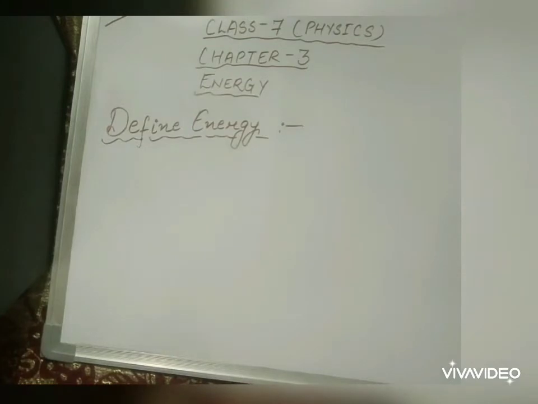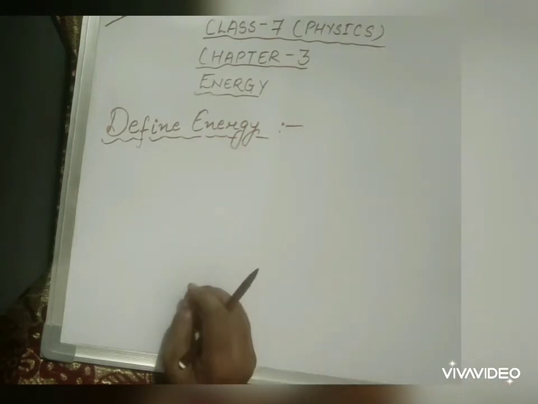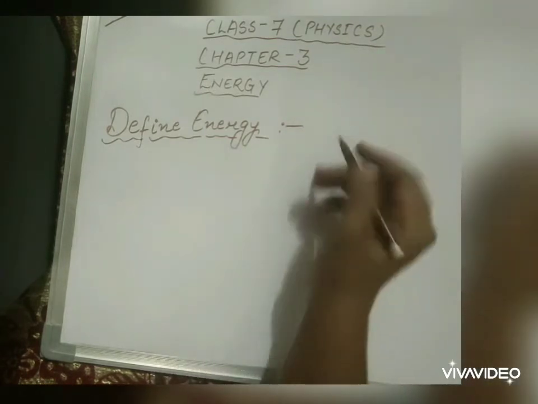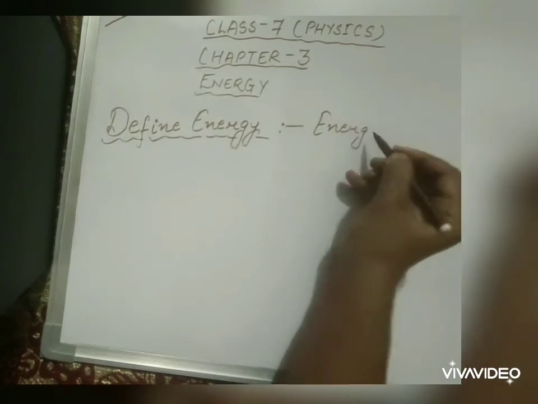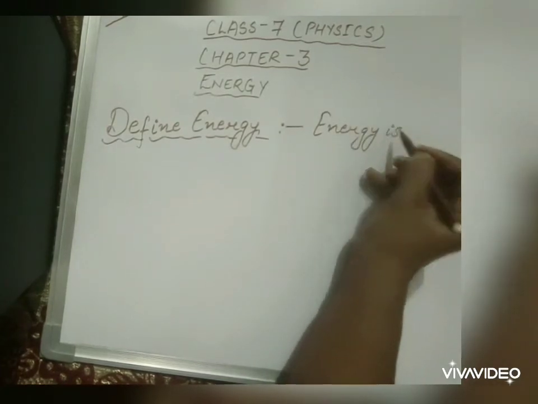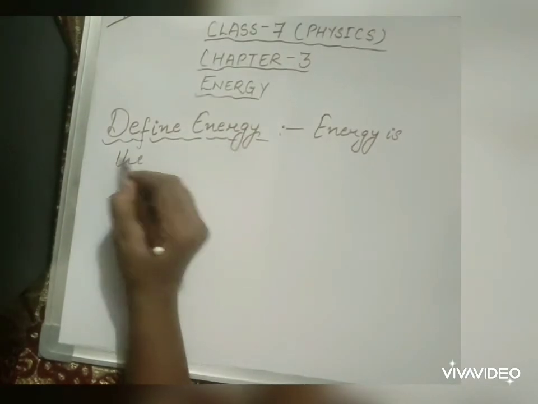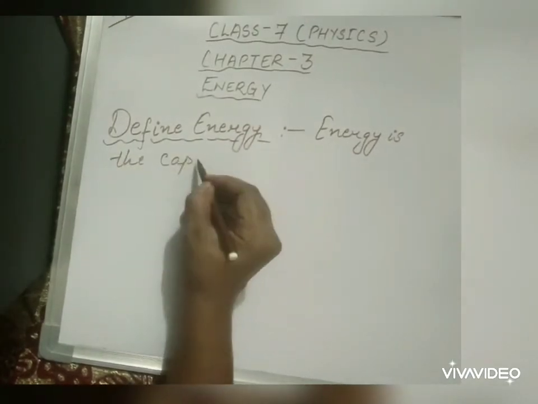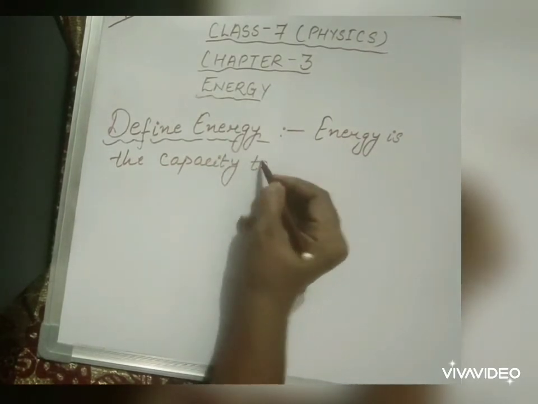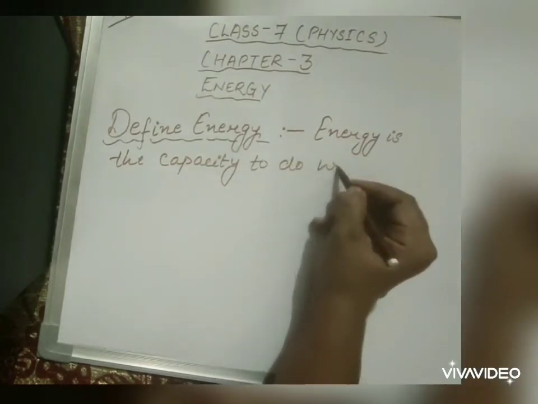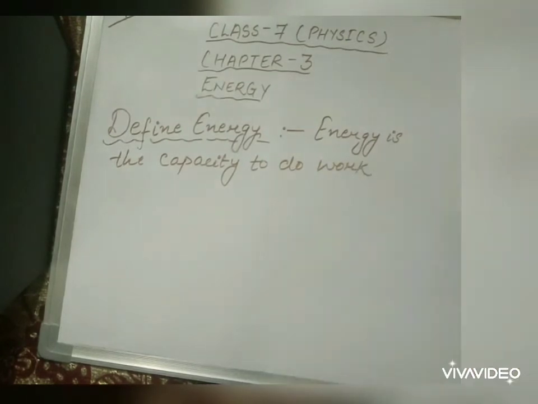Now, with the help of the definition of work, we can define energy. So energy is the capacity to do work. Understood?